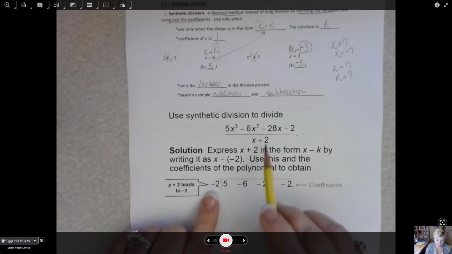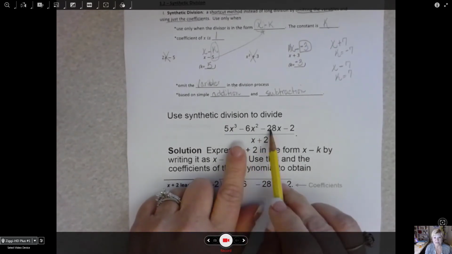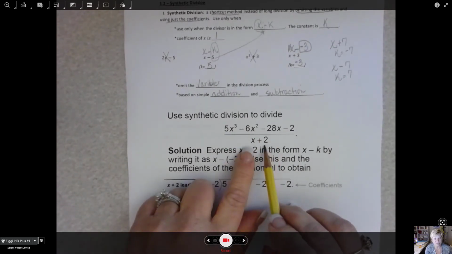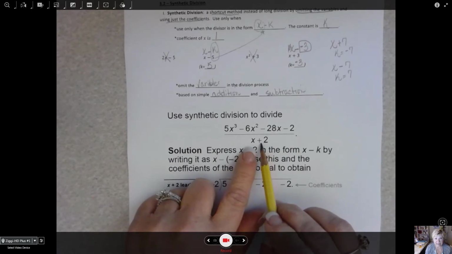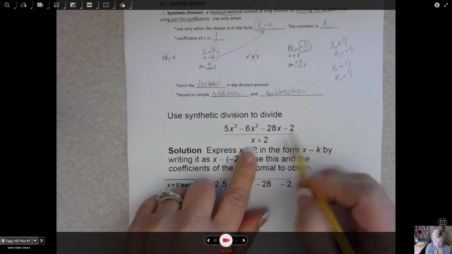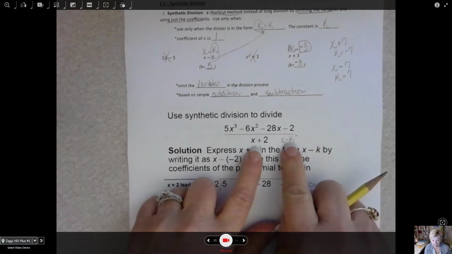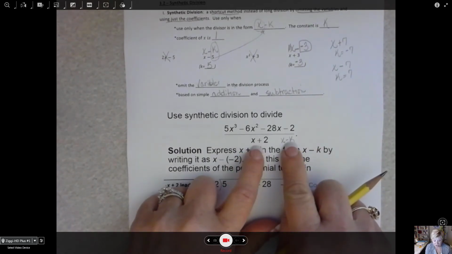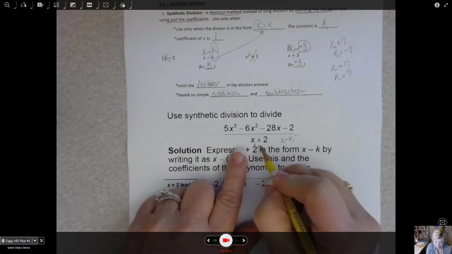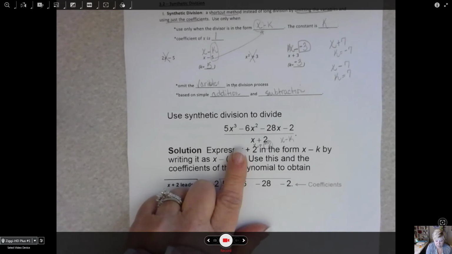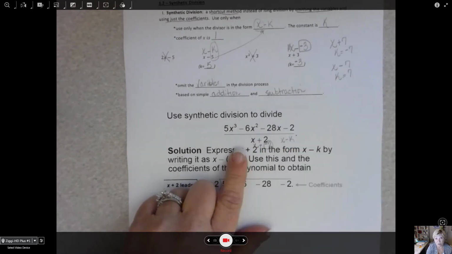Here, you have your f of x divided by x plus 2. And we've already stated that your divisor must be in x minus k form. Well, it may not have a minus sign like it should, but it is the same thing as x minus a negative 2. So it's in 1x to the first power, though, isn't it?